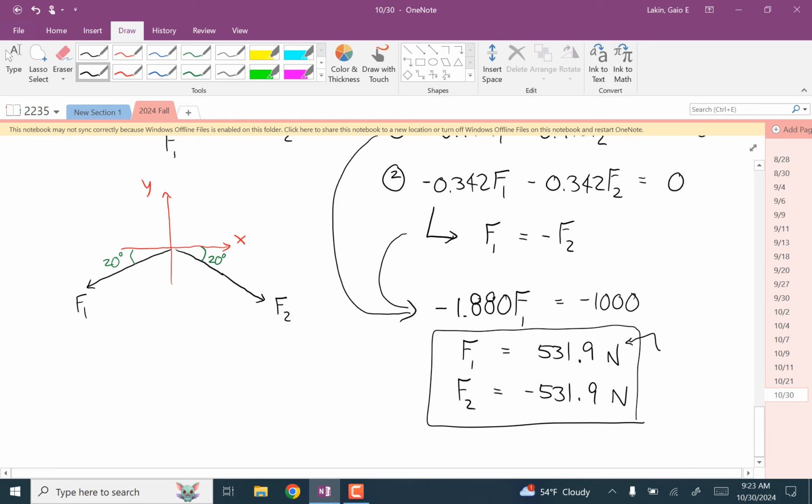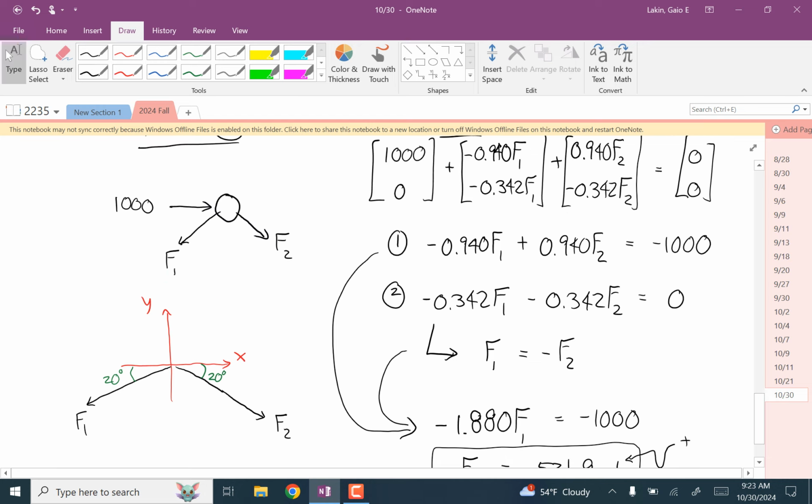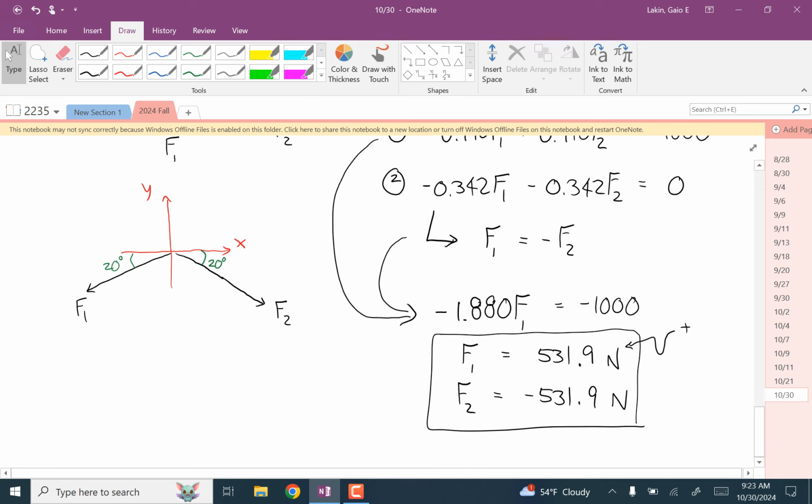The positive here means that, so we're always doing this by assuming that these members are in tension. Positive means that that assumption was correct. So positive means this member is in tension.